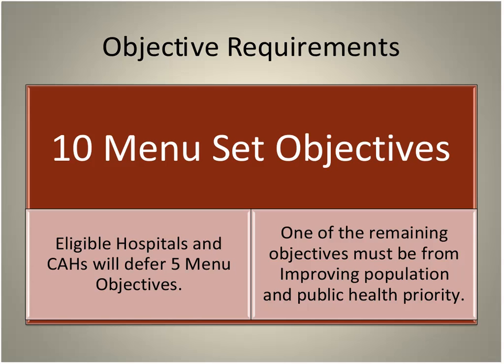So that's the structure of the menu objectives. You'll note on the slide that of the 5 that you have to select from if you've deferred, one has to be one of those public health priority objectives. So that's a requirement as you select the menu items.